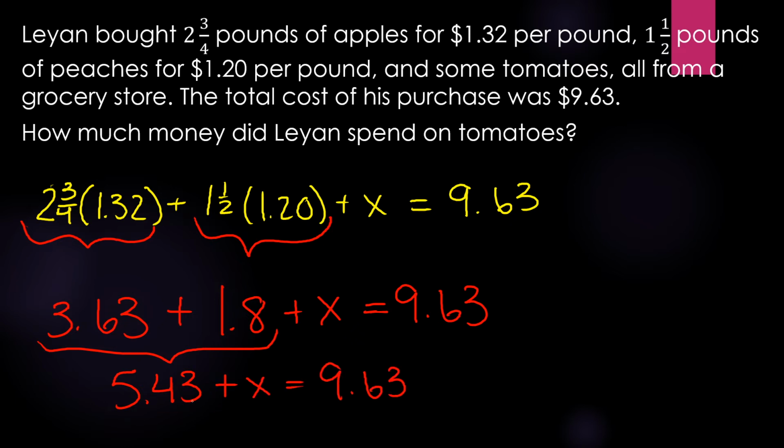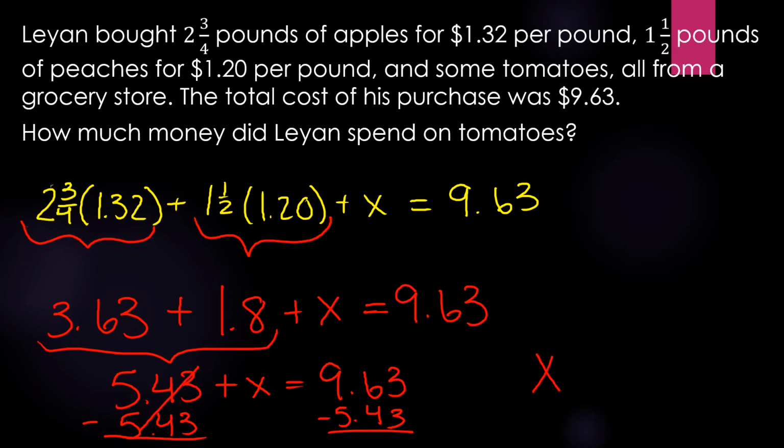From here, I just need to get rid of this 5.43, right? 5.43 is the only thing left next to my X in order for it to be alone. So the opposite of this positive 5.43 is going to be a negative, right? The opposite of a positive number is a negative. So to get rid of it, I need to subtract 5.43, and remember that anything we do to one side, we have to also do to the other. So these are going to go away.